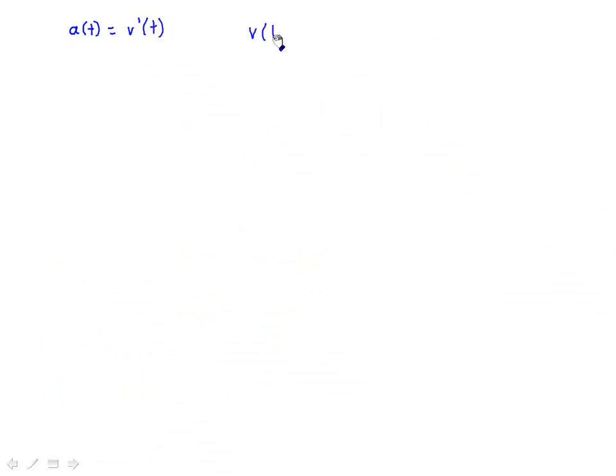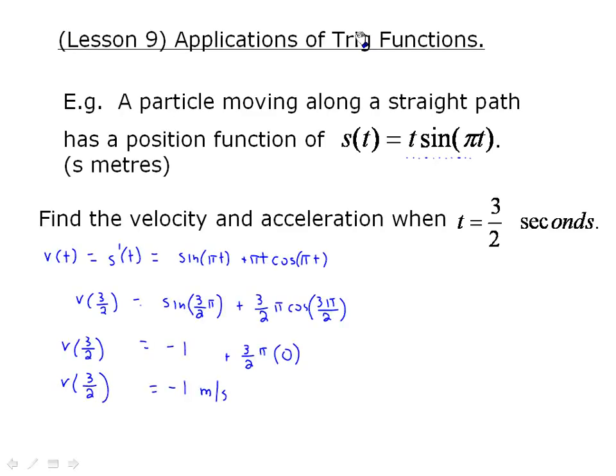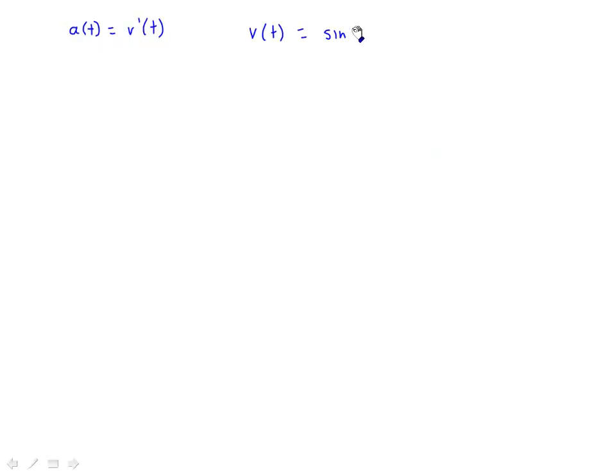Now v at t, just to recap this, on the previous page we had v at t is equal to sine pi t, and then plus pi t cos pi t. I had to think there for a second.